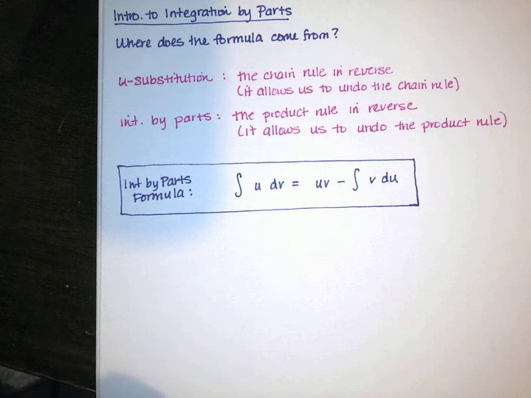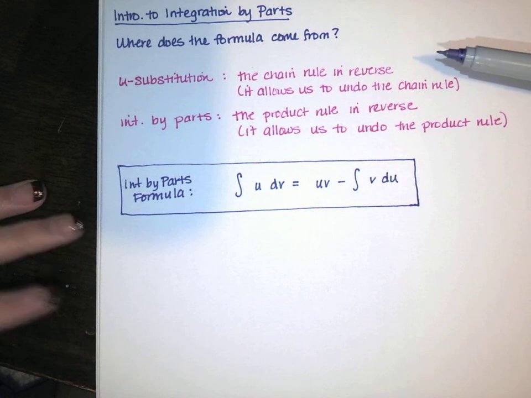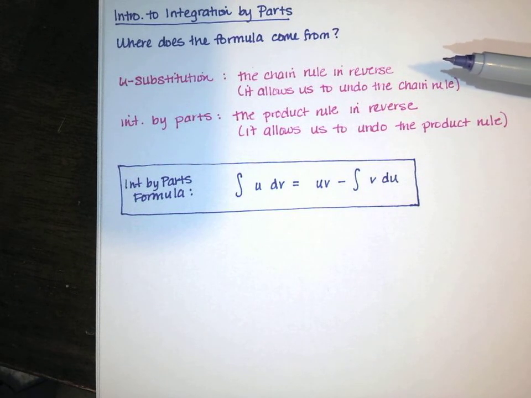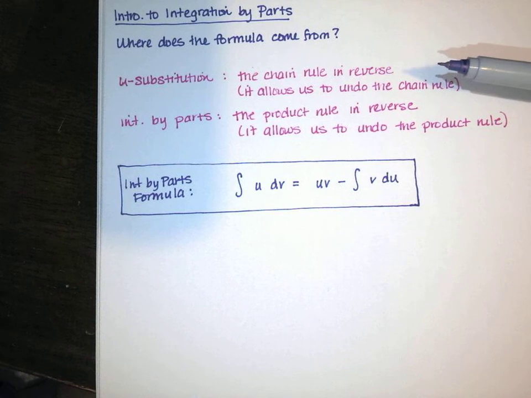Now, this is just a review, or maybe something that you've never known. U substitution was something we talked about at the end of Calc 1, and that is the chain rule in reverse. So if I had to use the chain rule to take the derivative, if I want to undo that to get the function back, I'm going to have to use u substitution to take the antiderivative.